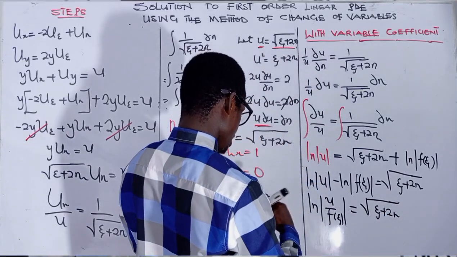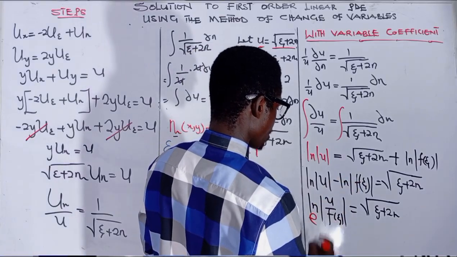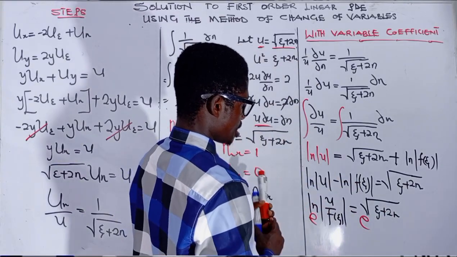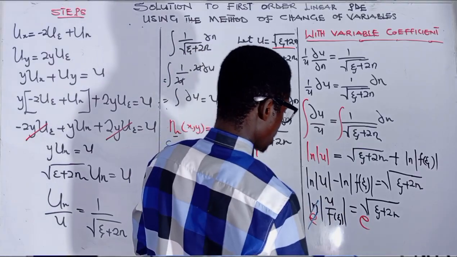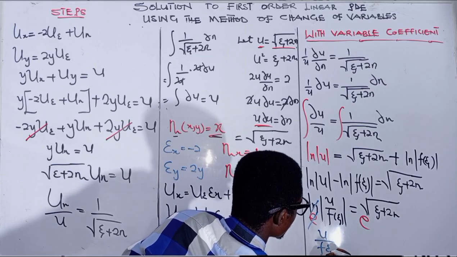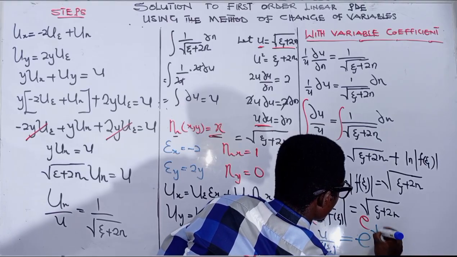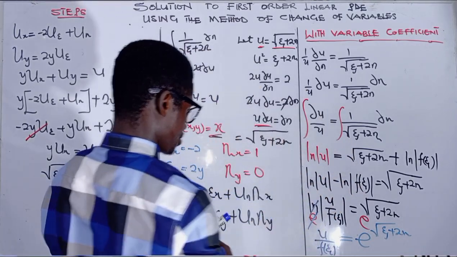So from here, let's take the e on either side of the equation so that we can do away with the ln. So you can see that the e will cancel the ln, and then we are left with u all over a function of xi is equal to e exponent root of xi plus 2 eta.